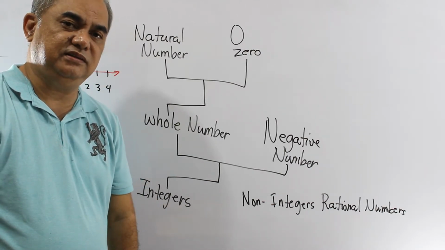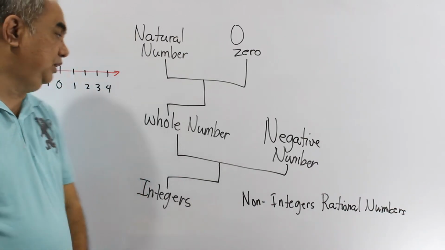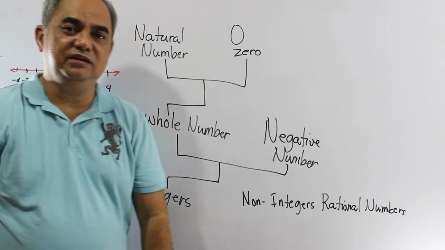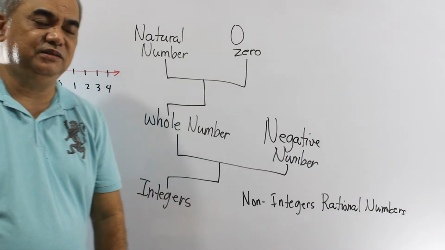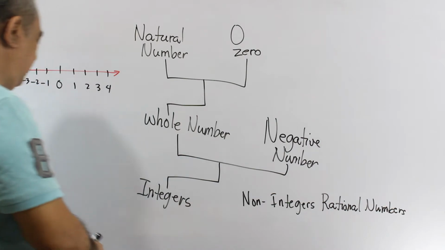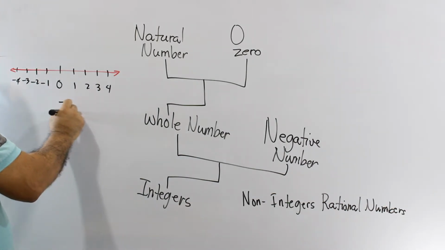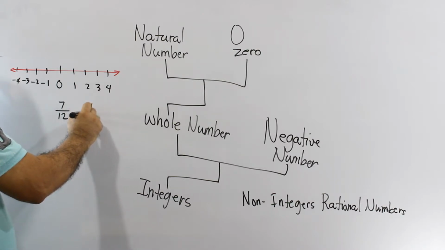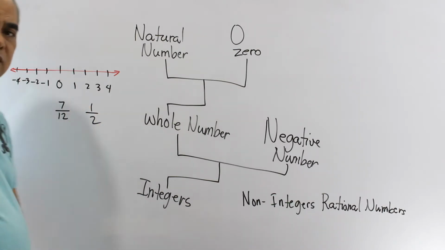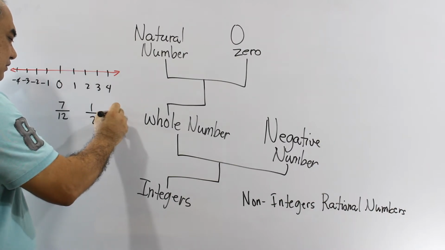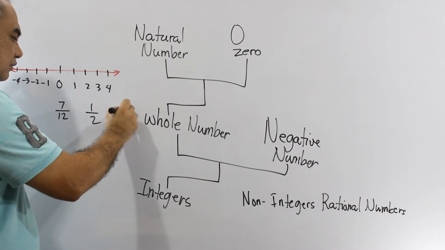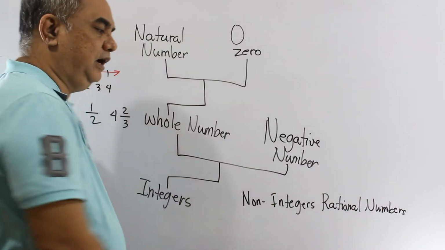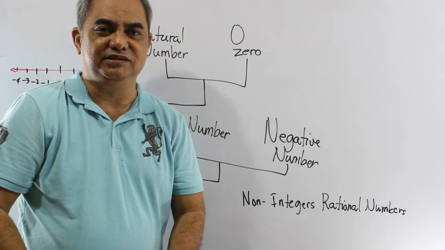These are numbers that are in between the integers, and most of the time they are expressed in a fraction. Examples are 7 over 12, maybe 1 over 2, or a mixed number, 4 and 2 over 3. These are examples of non-integer rational numbers.